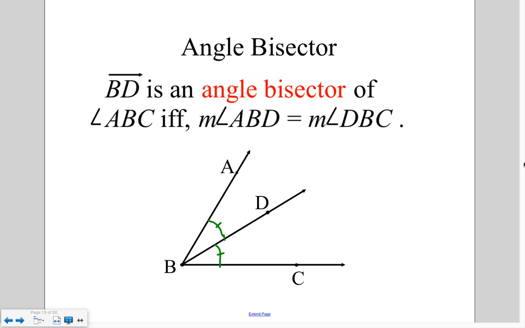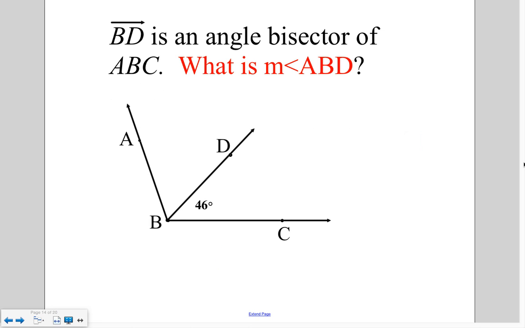But again, we've got two equal angles put together here with the ray right in the middle of the big angle. We call that an angle bisector. It bisects the angle into two equal ones. In this case, we're told BD is an angle bisector of angle ABC.